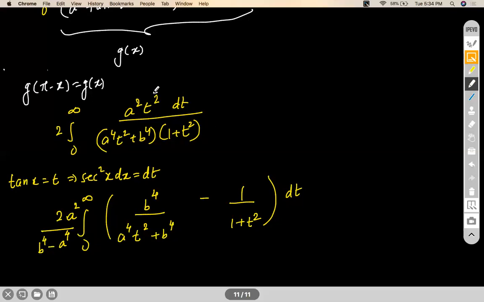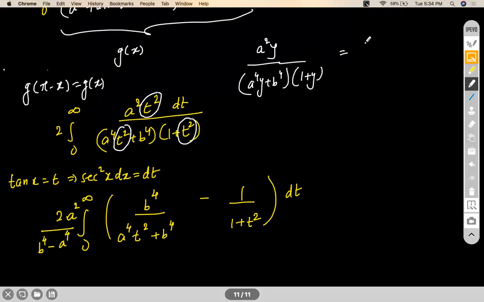So since t square is uniformly occurring everywhere, I would recommend putting t square as y and think as if you are trying to write a partial fraction for something like this. So I think just a by a to the power 4 y plus b to the power 4, plus b by 1 plus y will be sufficient. Is that fine?